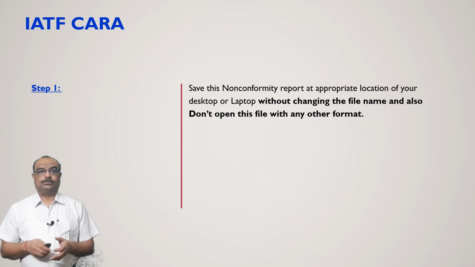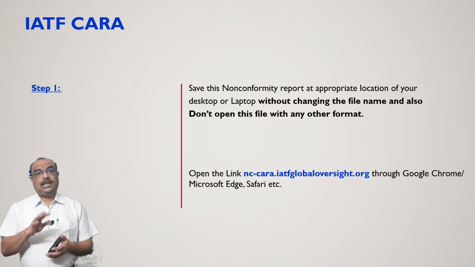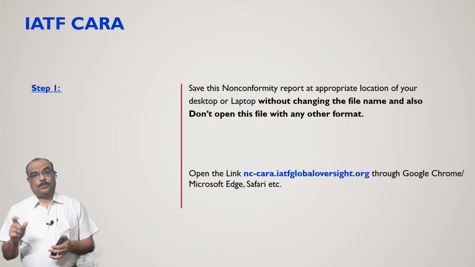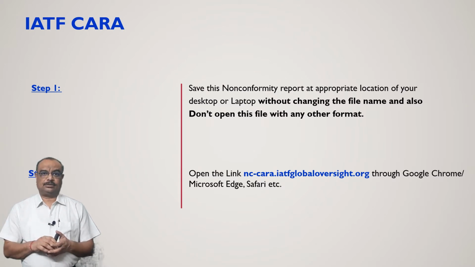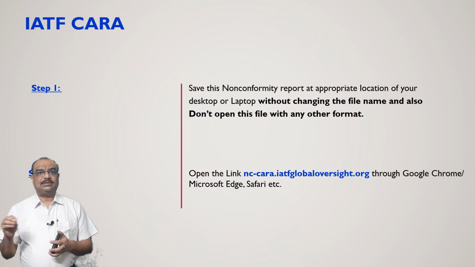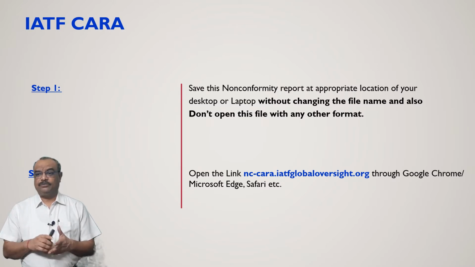Step 2, there is a link which you can open through Google. Once you put IATF CARA in Google, you will find the NC CARA portal. Once you click on NC CARA, you will find the same link which I have mentioned in my video.